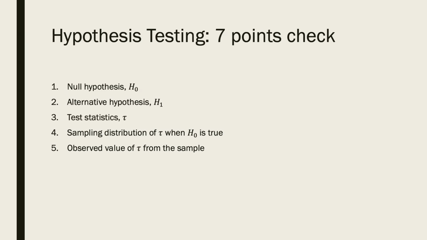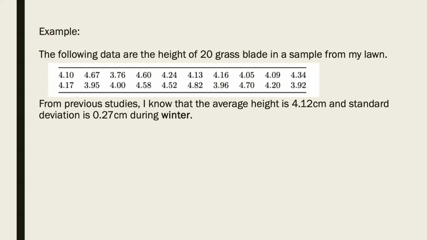And after we get the observed value of our test statistic, we will compute our p-value. And p-value is just a probability that measures the extremity of the sample that we have observed. And the last one, we will write a conclusion out of the test.